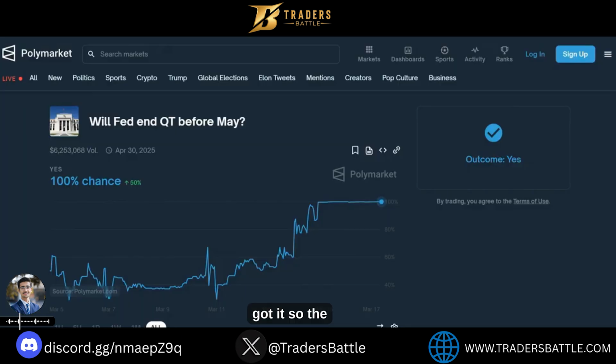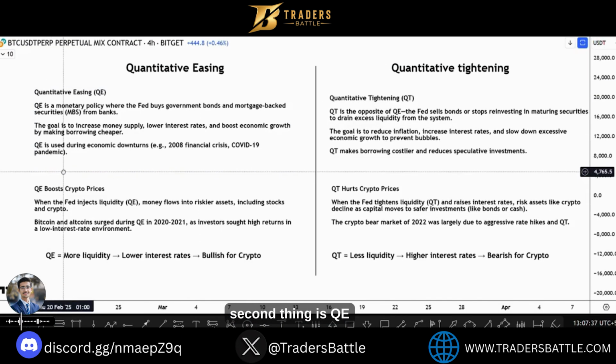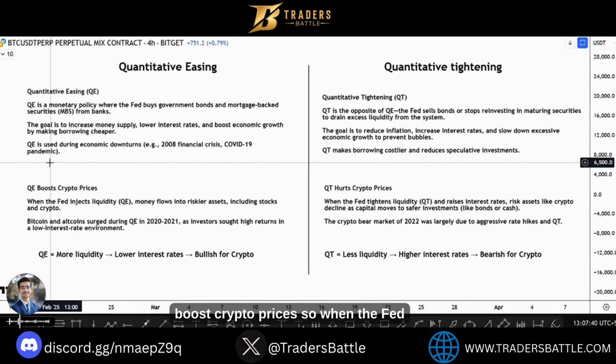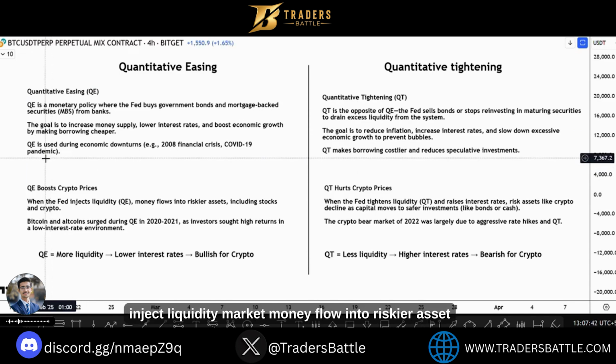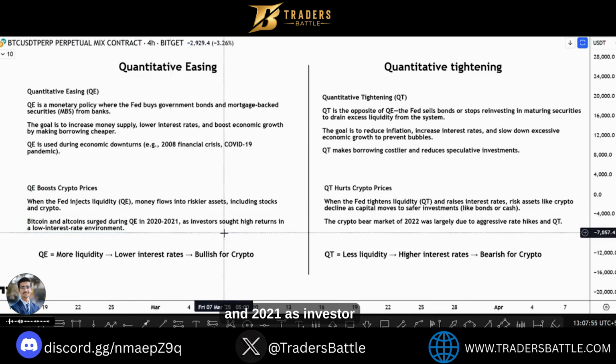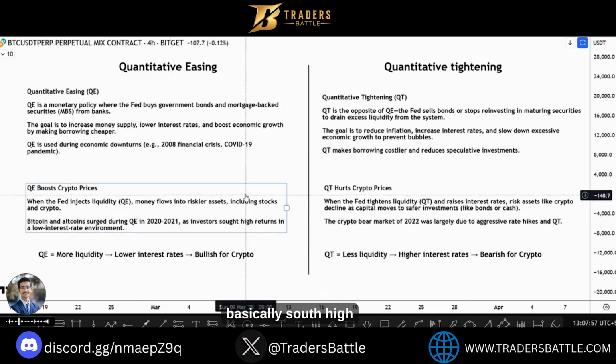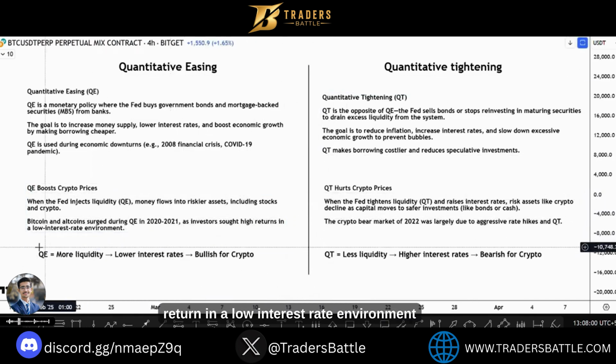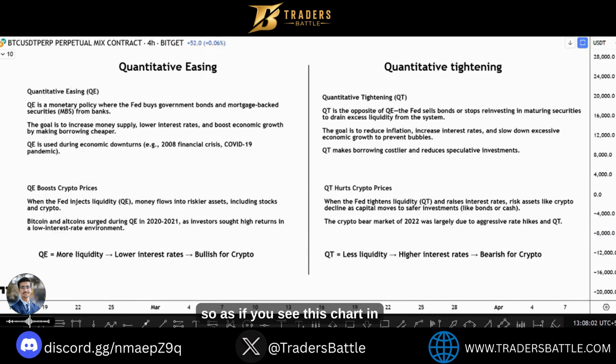Got it? So the second thing is QE boosts crypto prices. When the Fed injects liquidity, money flows into riskier assets, no doubt, including stocks and crypto. Bitcoin and alts surged during QE in 2020 and 2021 as investors sought high returns in a low interest rate environment.